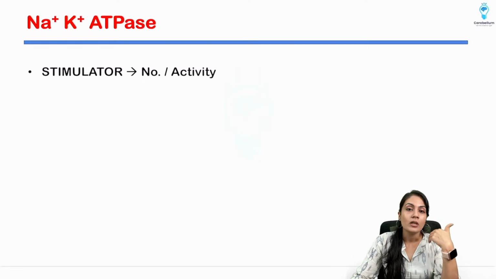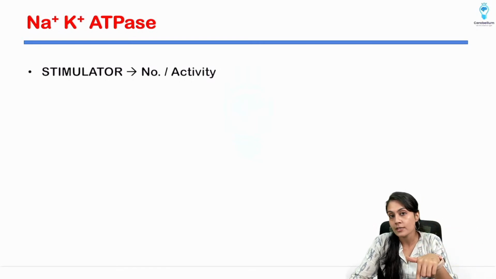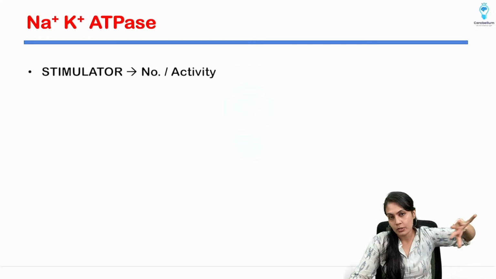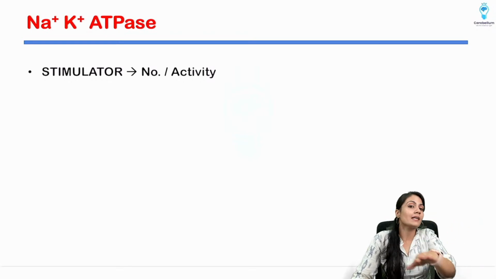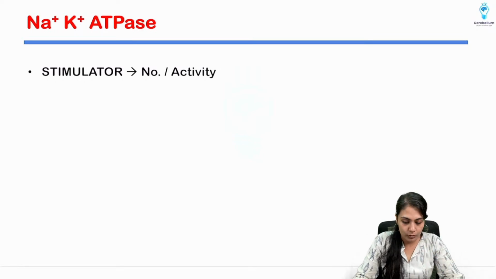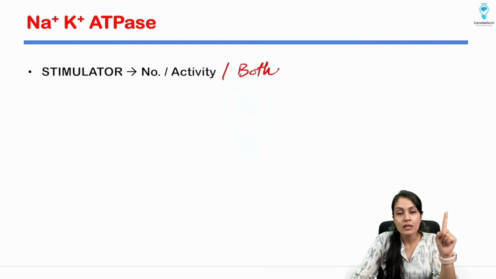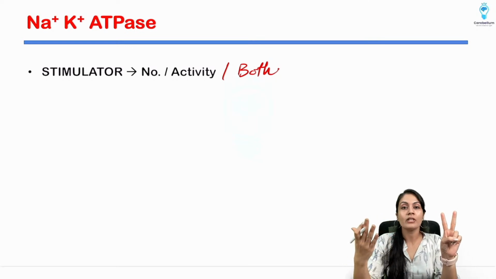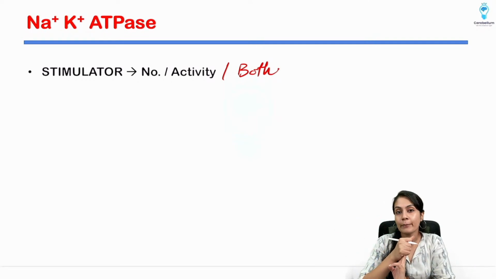That means as a stimulator, it can increase the number of sodium potassium ATPase on the cell, or the numbers won't increase but the activity of the existing pumps may increase, or both can happen simultaneously.